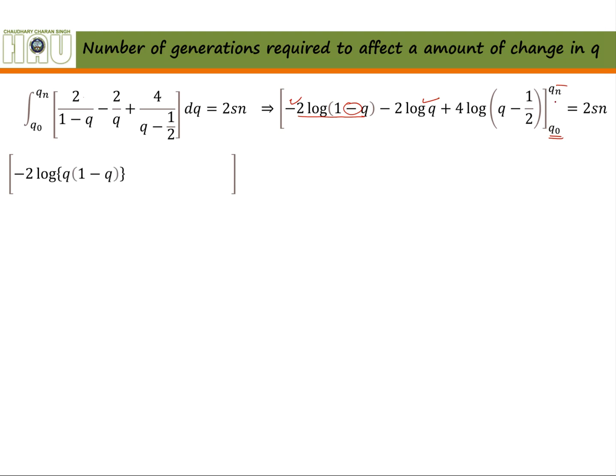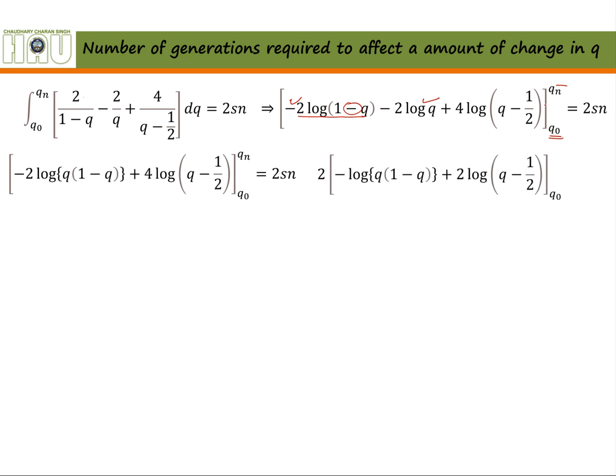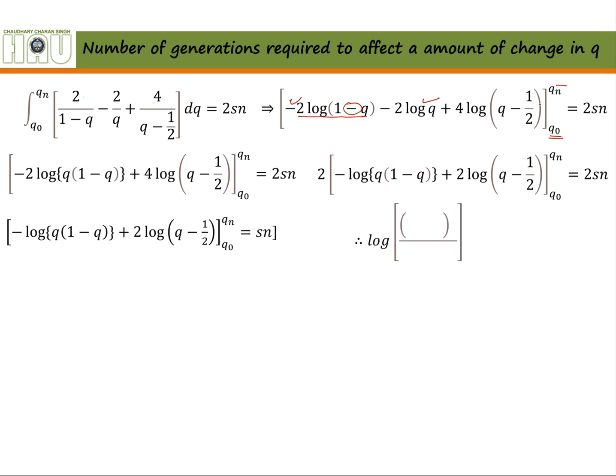So if I further simplify it, I will get this. And on further simplification, ultimately you will get log of (q minus half) whole square divided by q into (1 minus q) in the range q0 to qn.